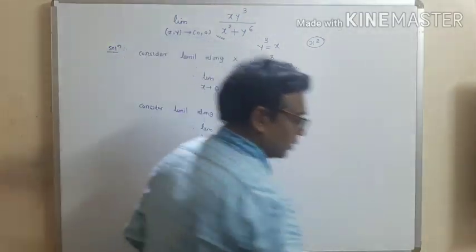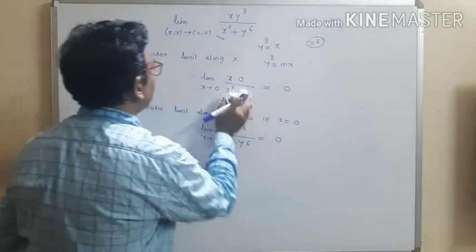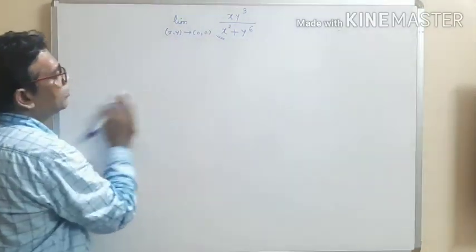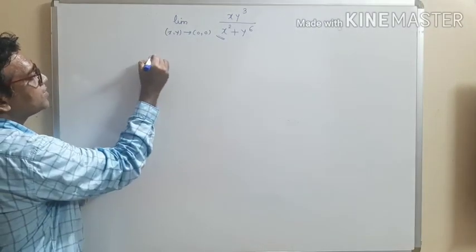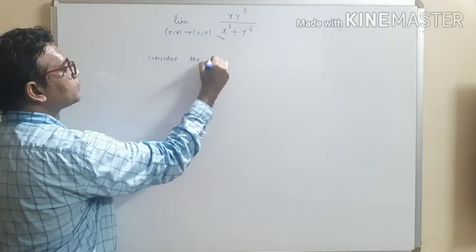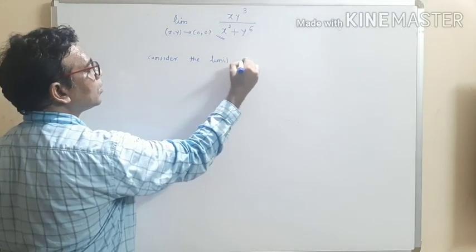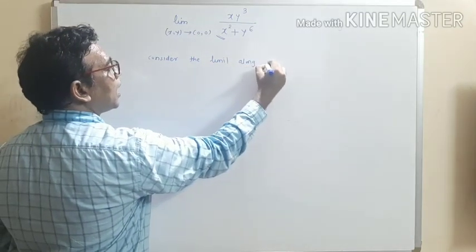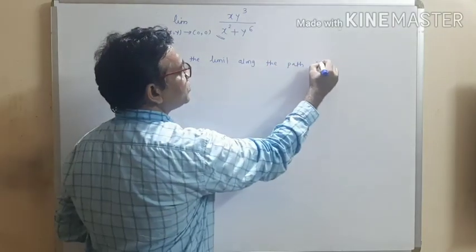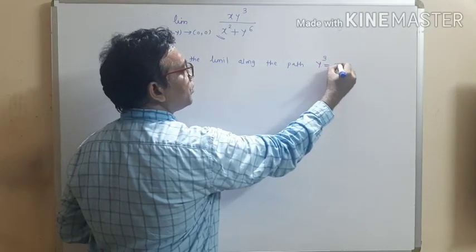So write down, consider the limit along the path. So we take now this equation y cube equal to x.